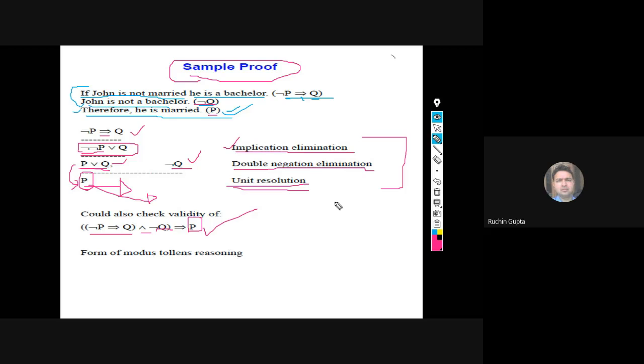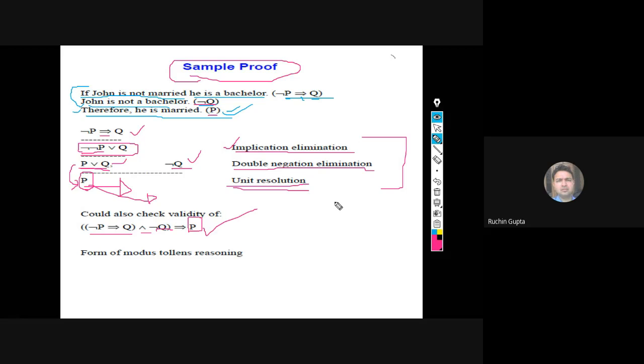Another problem is whether the computer can apply these rules and find out whether the statement can be derived or not. That is also not possible. So we will see other methods like resolution, which can be automated by the computer system for such kind of inferencing.